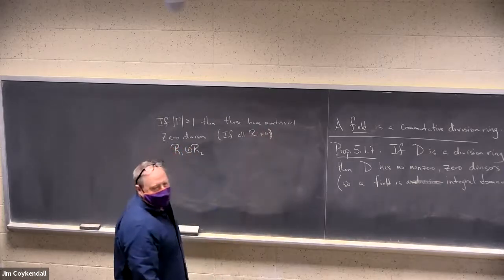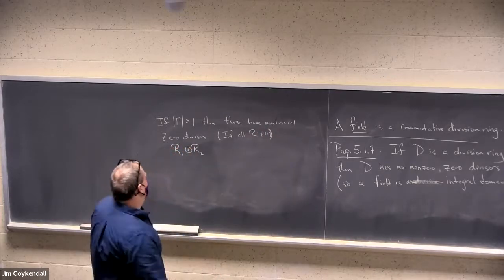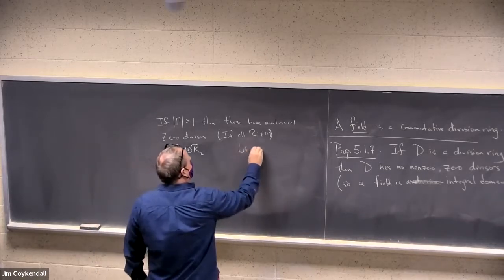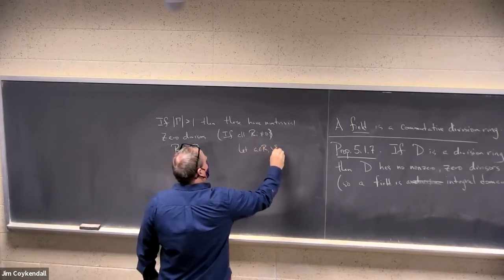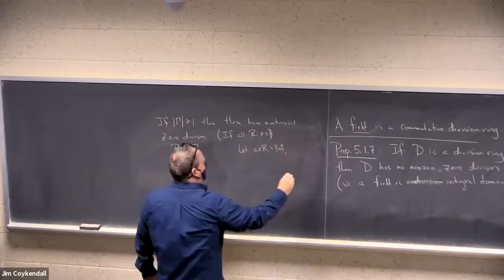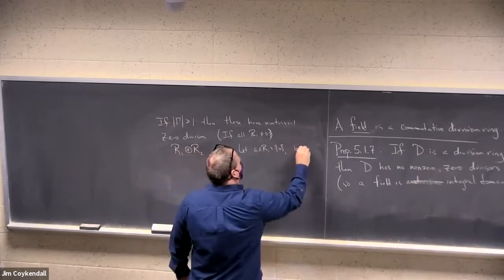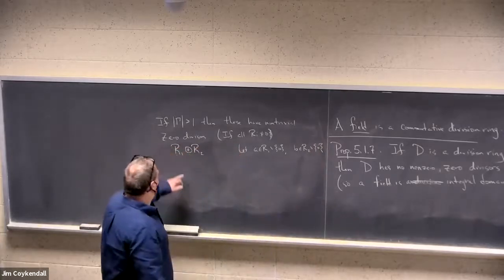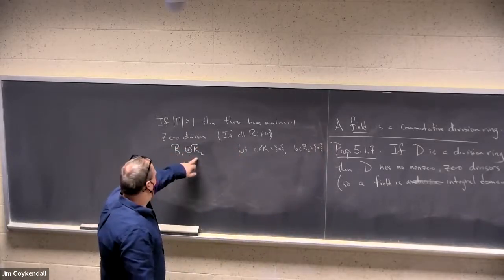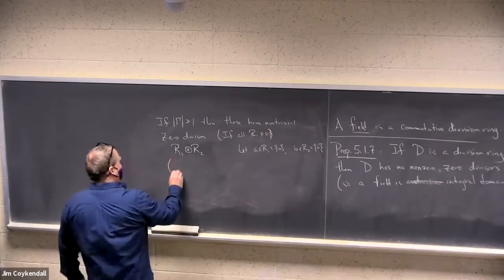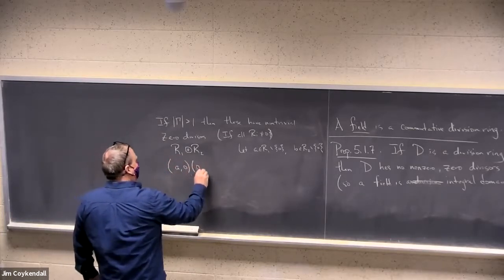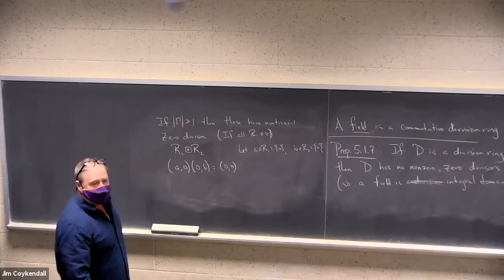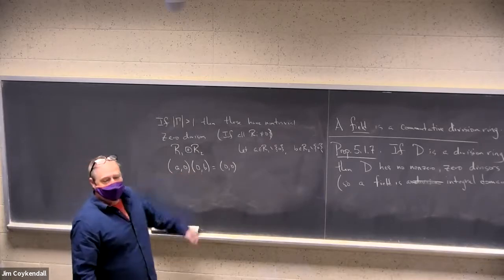I'll assume that all the rings are not the 0 ring, because otherwise, apologies again. But if these are not the 0 ring, just take a non-zero element of R1 and a non-zero element of R2 and look at (a, 0) times (0, b). This is the 0 element. And there you go. And notice neither one of these is 0.